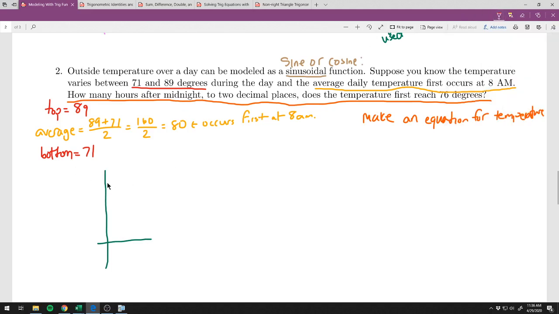If you plot it out, we've got 89, which is the top, and 71, which is the bottom. Temperature is on the y-axis. Then we've got the average, which is 80, right in the middle.